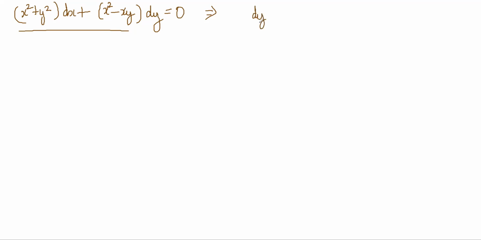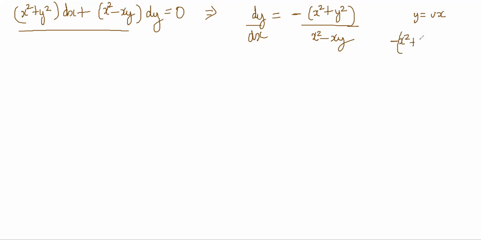So dy by dx is coming as minus x square plus y square by x square minus xy, right? Yeah, correct. And if I put y is equal to vx, this side will become minus x square plus v square x square by x square minus x into vx, right?